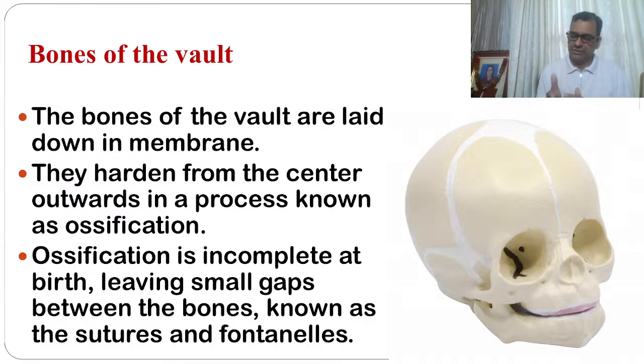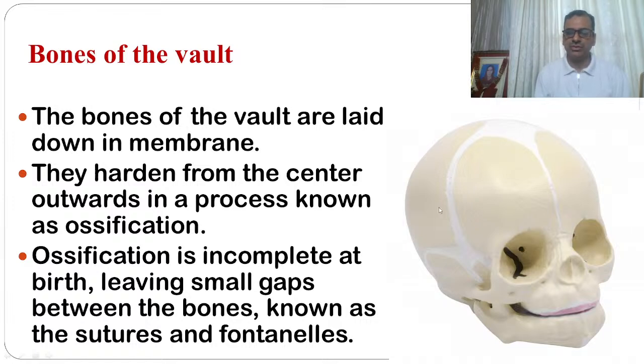But even just before birth the bones are not fully ossified, so there will be membranous structure in between, and this helps in molding during delivery. They are hardened from the center outwards, and this process is known as ossification. Ossification is incomplete at birth, leaving small gaps between the bones.